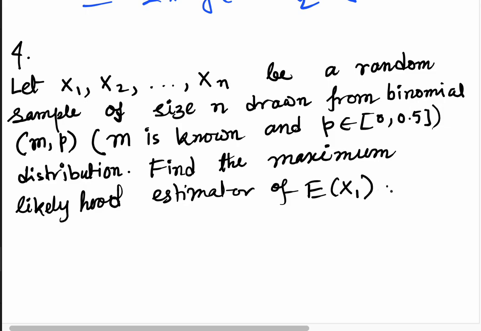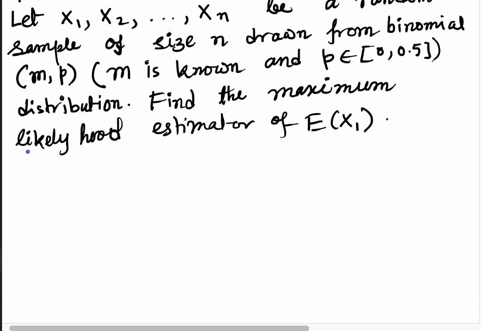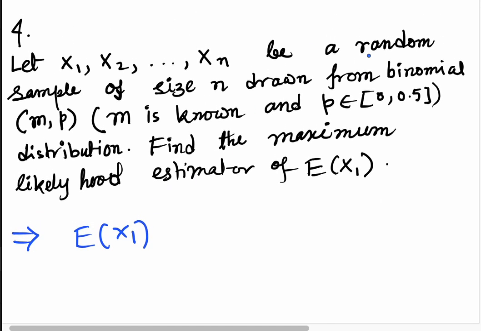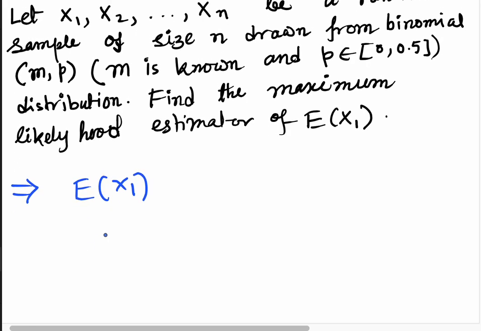So we have to find the maximum likelihood of the expectation of x1, and m is known. So this is simple. First let us see what is the expectation of x1. Since it is a sample collected from binomial of sample size m, this will be nothing but m into p.